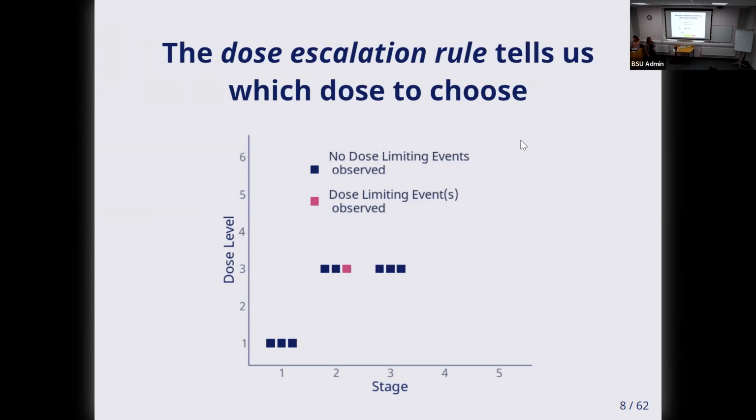And the dose escalation rule tells us, the study team, which dose to choose given whatever data they've observed so far. So when I'm talking about the design, what I mean is this dose escalation rule, so this thing that's dictating which doses we allocate during the study, and also the final decision at the end of the trial. So we've got the dose escalation rule plus the final decision making up our design.